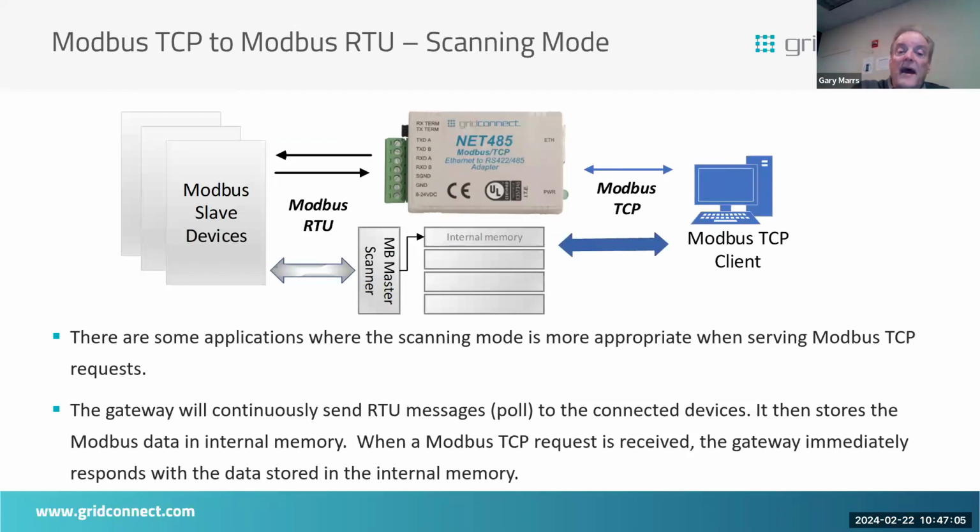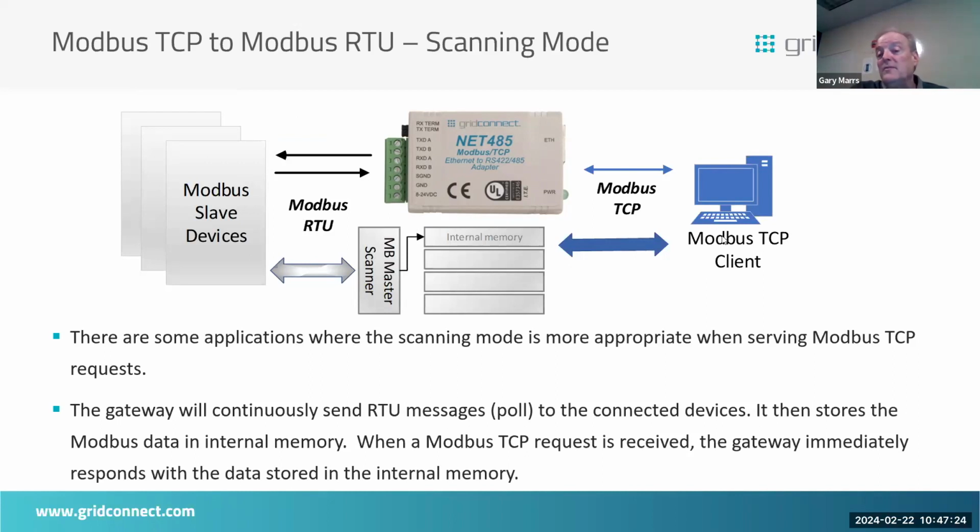The next mode is scanning mode, because in this mode, the gateway continuously sends Modbus RTU master commands to the slave devices and then stores those responses in internal memory.